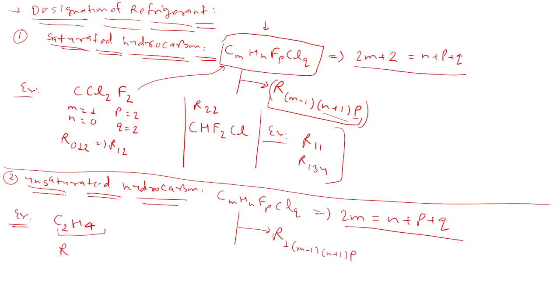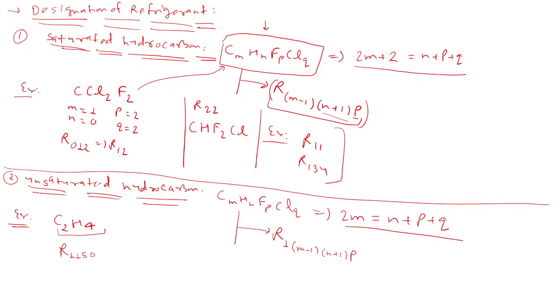Here this m would be 2. First one will come because we can see 2 and 4, so it is an unsaturated hydrocarbon. So one will come, and the number of carbon is 2, so we have to subtract one more. So 1 1. And the number of hydrogen is 4, so we have to add one more there, 5. No fluorine atom is there, so 0. Is it clear?